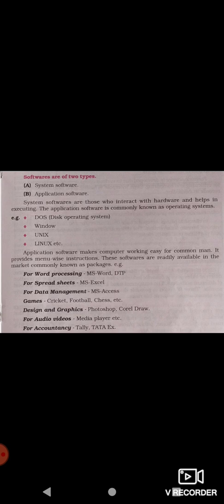For spreadsheets, MS Excel. For data management, MS Access. Games: cricket, football, chess, etc. Design and graphics: Photoshop, CorelDRAW. For audio and video, we have Media Player, etc. For accountancy, Tally.